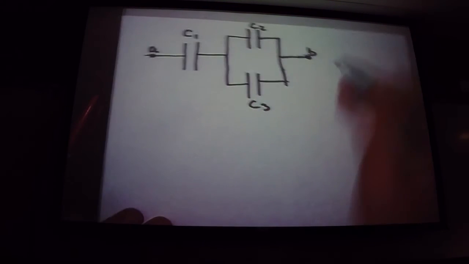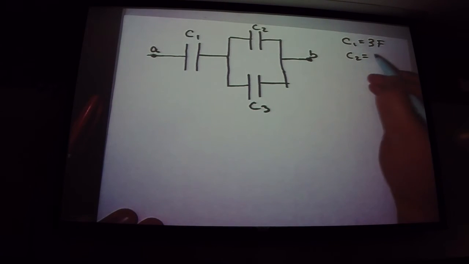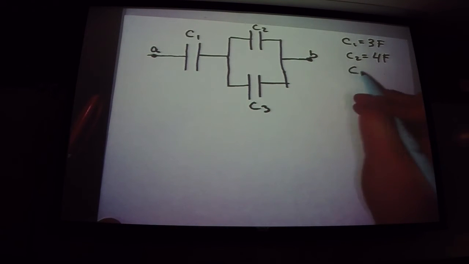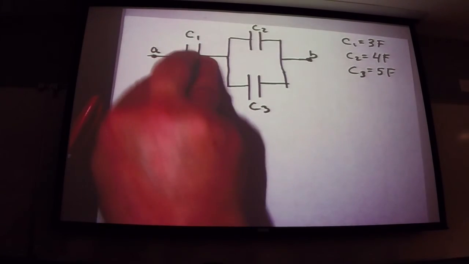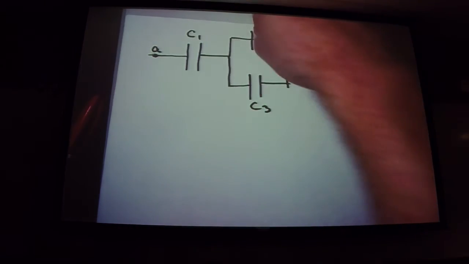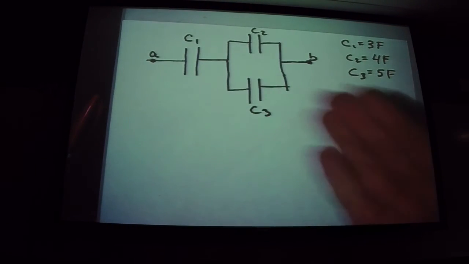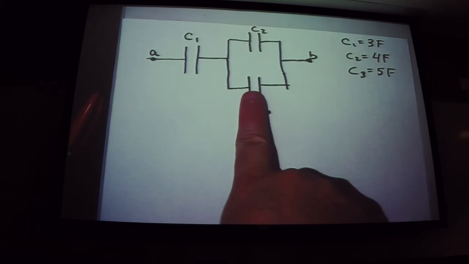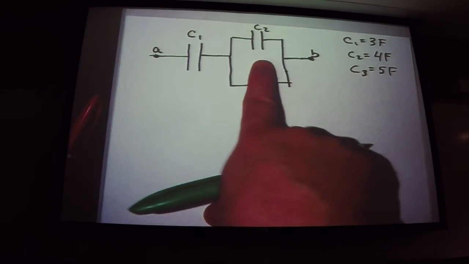C1, let's say, is 3 farads, C2 is 4 farads, and C3 will be 5 farads. The first thing you do is you say that this is C1 in series with C2 and C3 in parallel. So you want to do the parallel combination first, then treat it as one capacitor in series with this one.